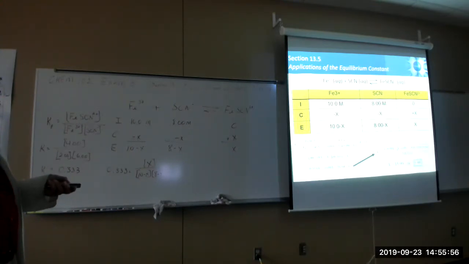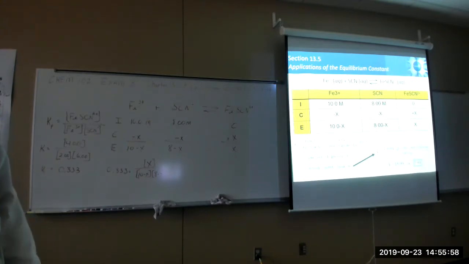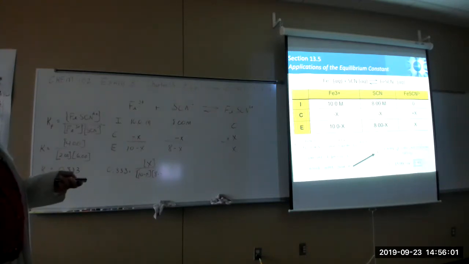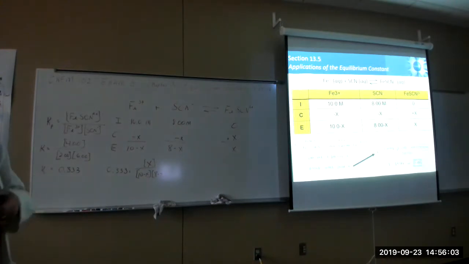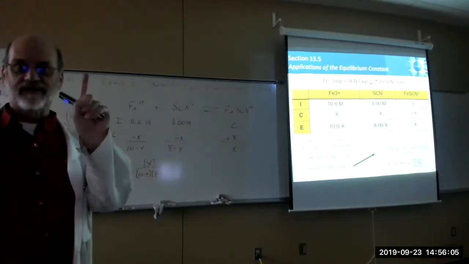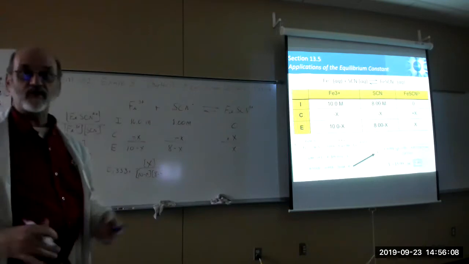Then we have to use the quadratic equation solution to get answers. And we have to decide, because the quadratic always produces 2 answers, remember? We have to decide which one makes sense.